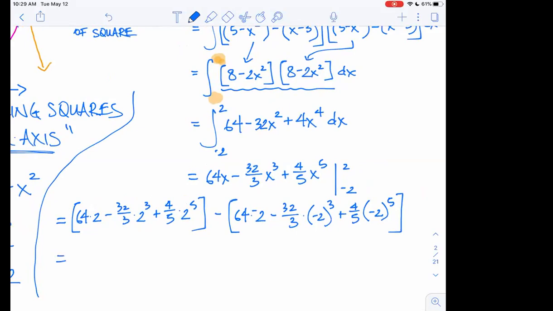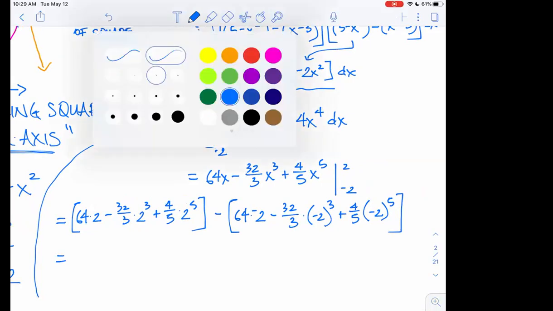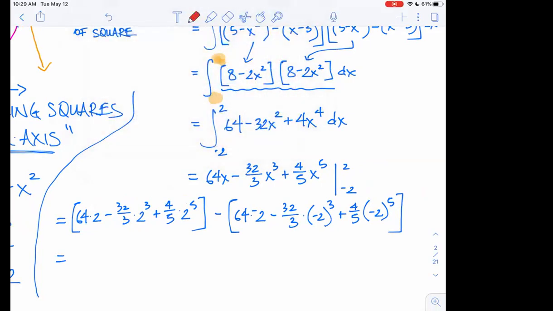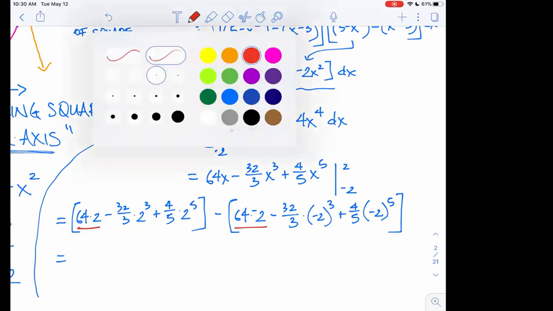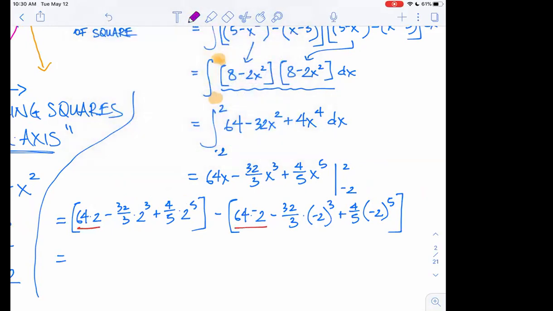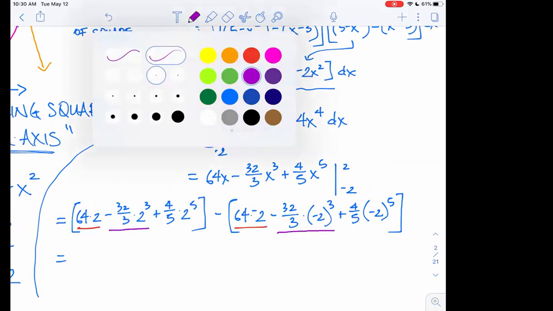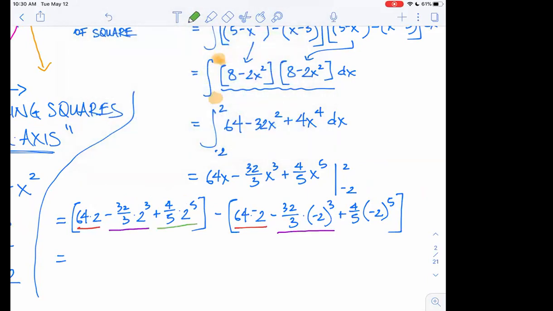So now this is actually probably a really good chance to practice simplifying by grouping, meaning I could combine this one with this one, but then because this is going to be a fraction over 3, I can combine that with this fraction over 3. And then this is going to be a fraction over 5, and I can combine it with this fraction over 5.